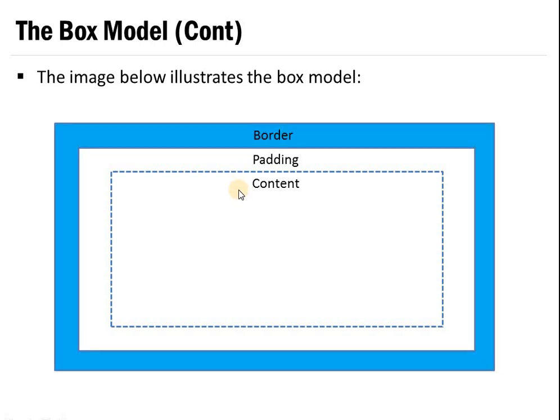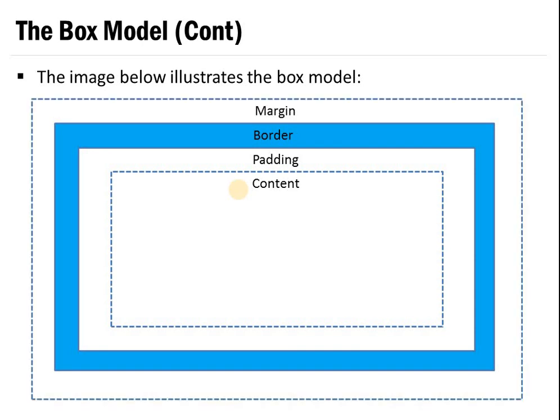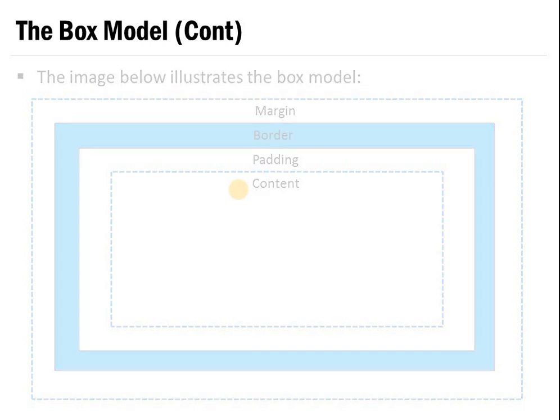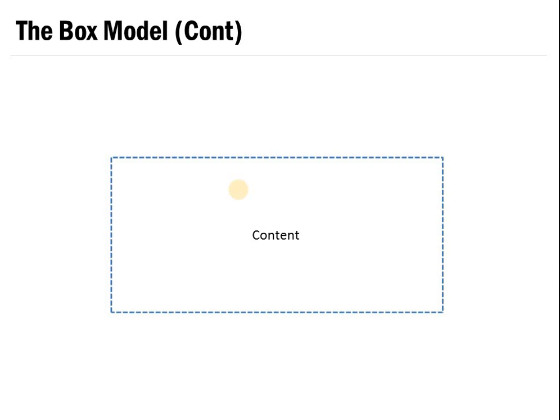After that you can set the border of the element. Border is also part of your element. Now whatever space is there around your border, outside of your border, is known as margin. So this is your content, after that padding.